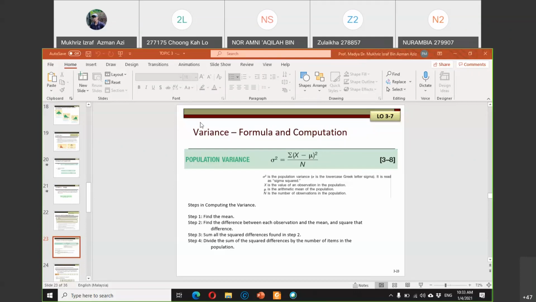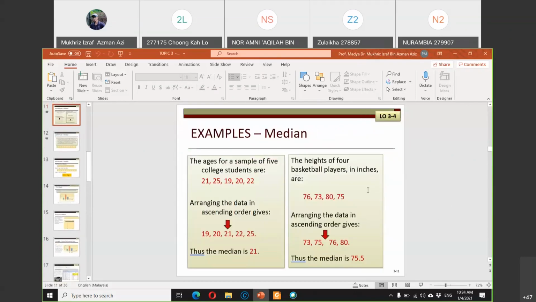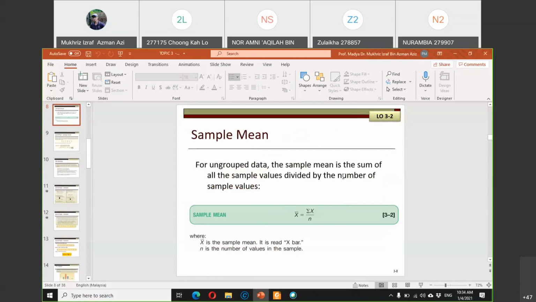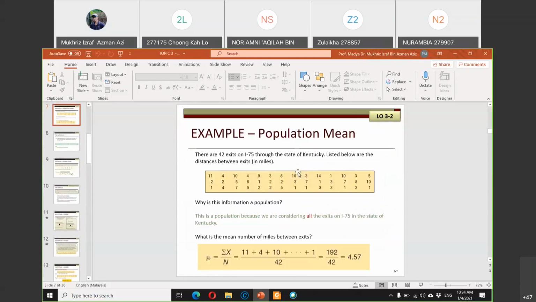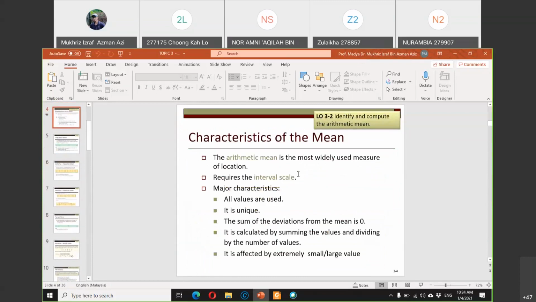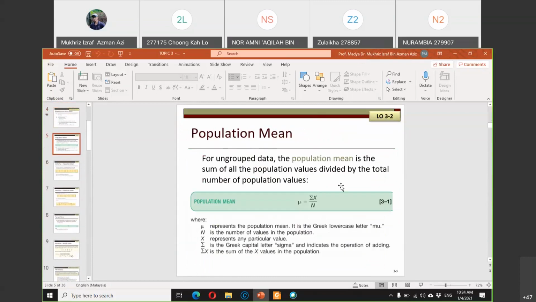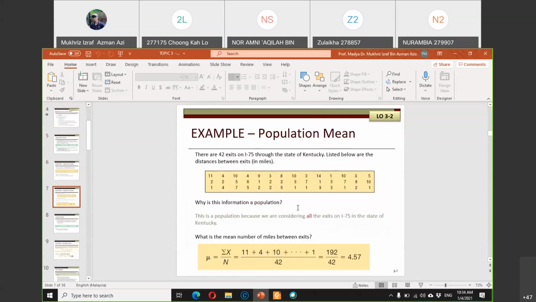So the formula to calculate variance and standard deviation. The same as with the concept of mean, we need to differentiate between population and sample. If you recall from our lecture last Monday, for population mean and sample mean, this part is the same. Only the symbol changes, from mu we use x bar.